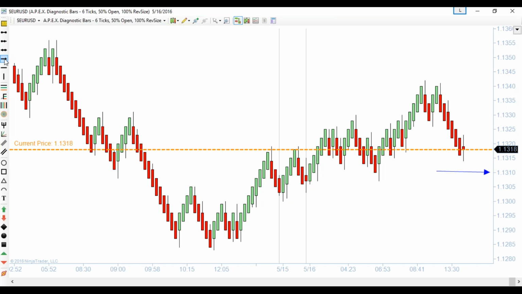Okay. So that's about buying a binary, right? What if I sell a binary right here? When you sell a binary, what are you saying? You're saying that the market will expire below, correct?